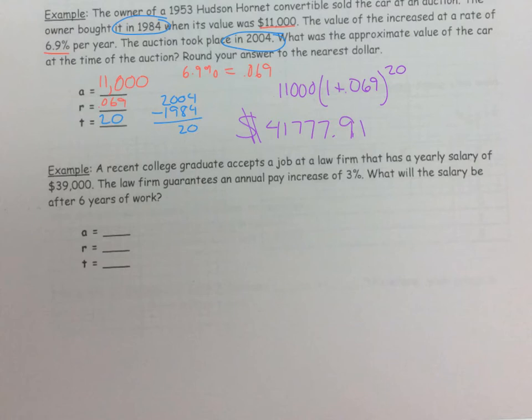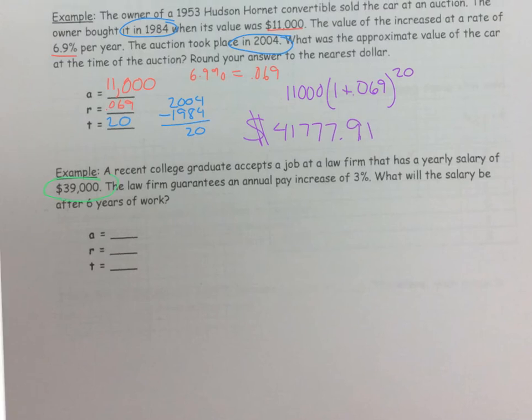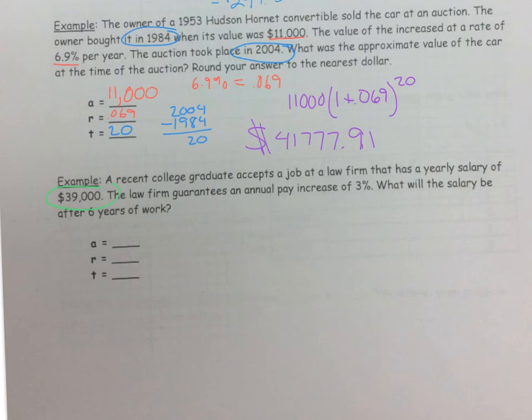All right, so hopefully you see that there's your start, 39,000. All right, and the law firm guarantees an annual increase of 3%. Okay, so again, 3% equals 0.03.